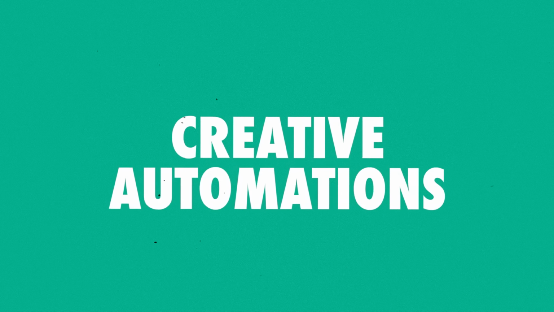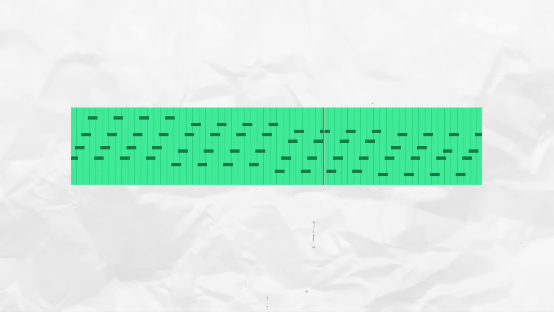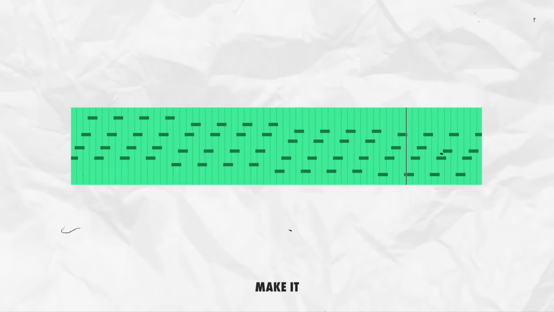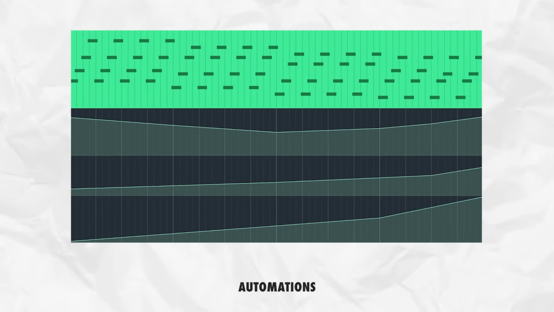11. Creative automations. This is a synth riff without any automations. Pretty cool riff, but let's make it more interesting. This is the same sound but with 3 automations.